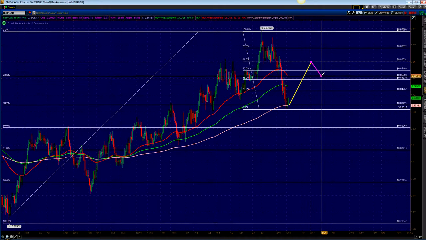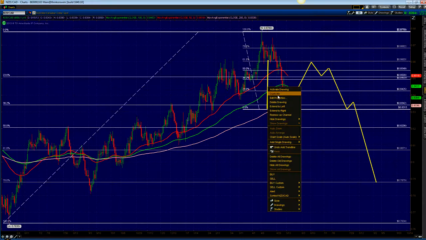Considering this pair's nature, it's very possible that it's a fairly choppy right shoulder before we start to move lower to test the neckline, which would come in somewhere around 83, perhaps a little bit of a bounce there, before a strong move lower, really down towards maybe the 78.6% fib sitting just below 79. That would be a very possible scenario that we may be building here.